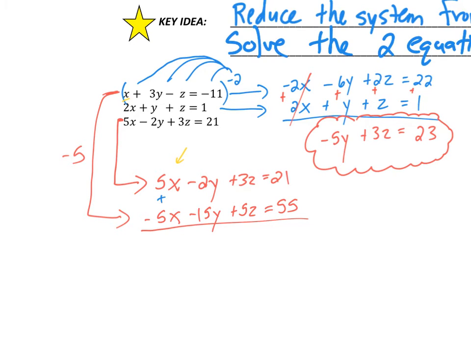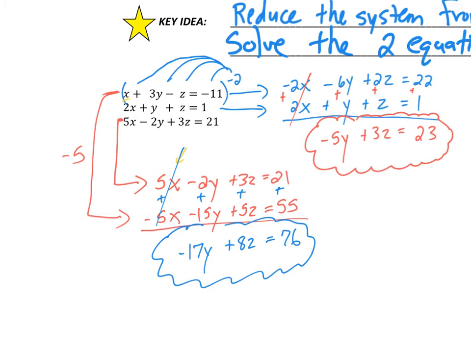So if we do this, when you add these up, 5 plus -5 cancels. -2 plus -15 is -17y. 3z plus 5z is 8z. And 21 plus 55 is 76. And that's another cloud equation. So we have two cloud equations.